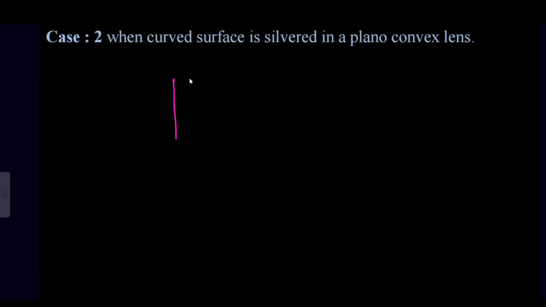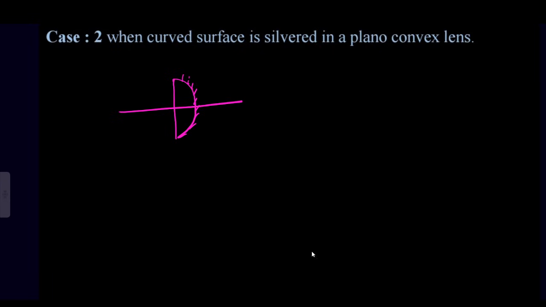Any type of lens will behave like a concave only once it is silvered. Now in this case, the curved surface is silvered, so the curved surface is like this.